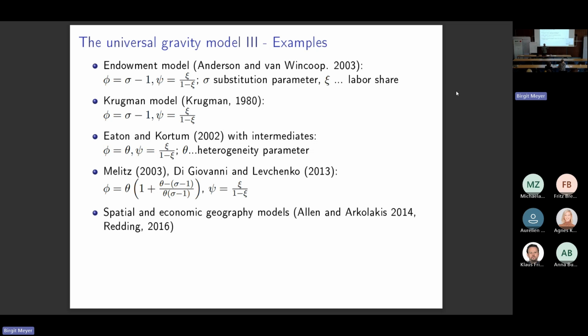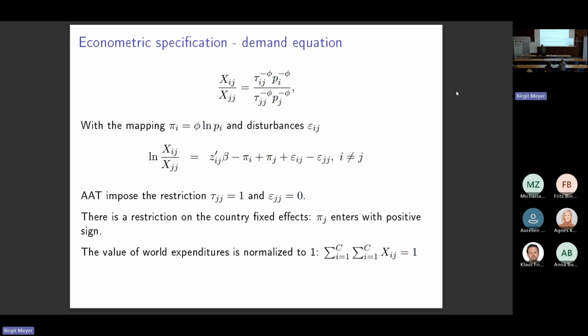That is what they claimed up here. So I do that for you, and it depends in the end how you interpret the parameters, what you think about which model the trade flows were generated by in the end. Okay, good. So that is the first part, and then they had a second part in the paper. And then they wanted to estimate the demand and the supply elasticity, okay? And they had a really clever way to do that.